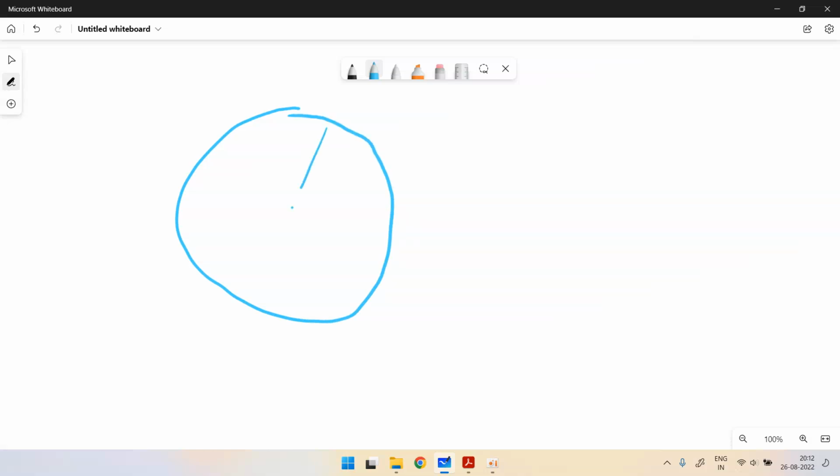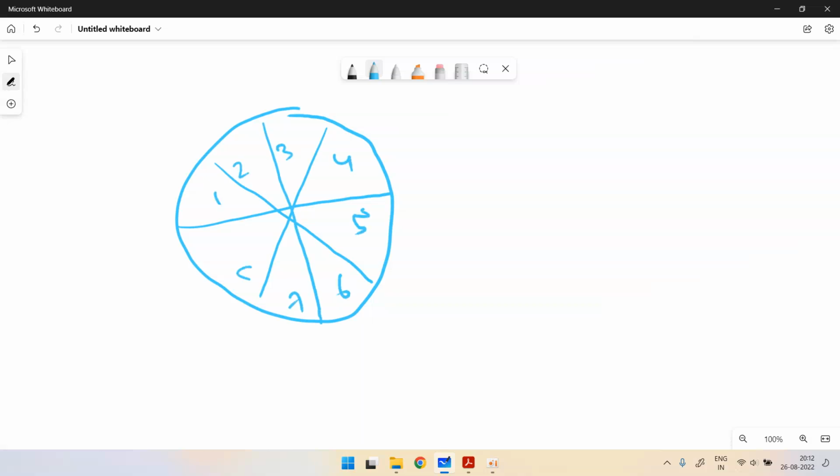So this is assuming a circle. It is divided into 8 ribs: 1, 2, 3, 4, 5, 6, 7, 8.